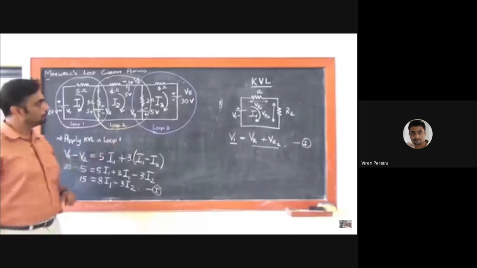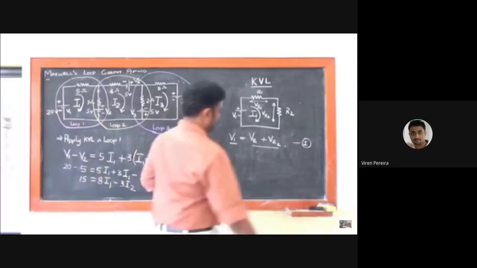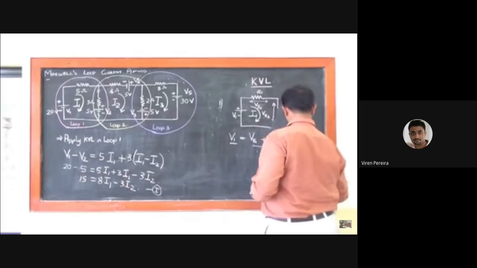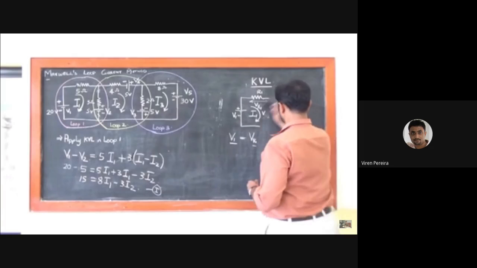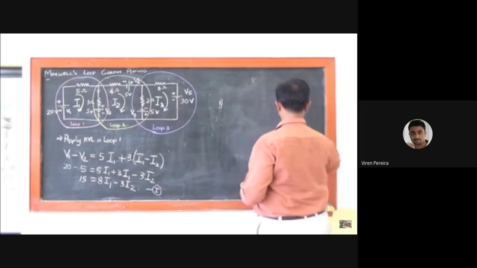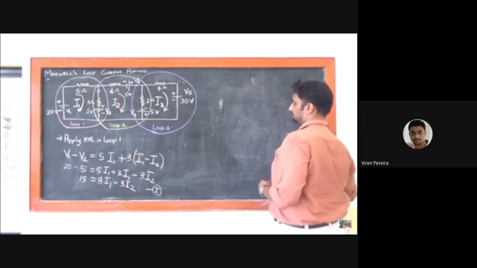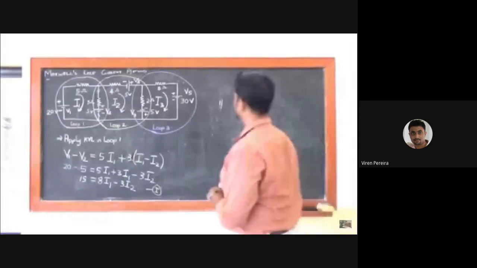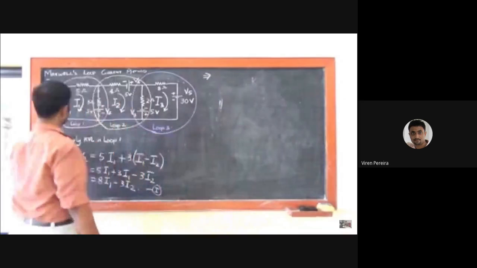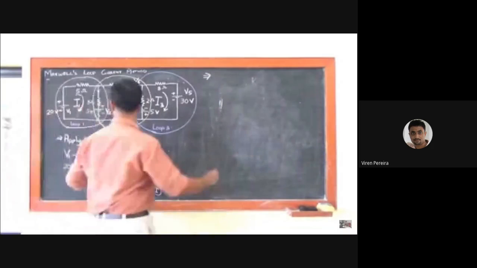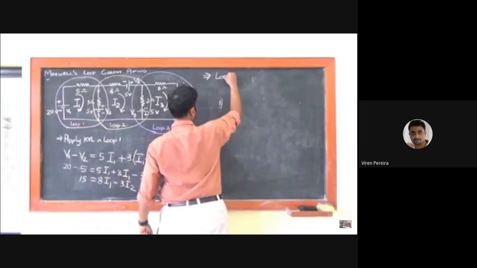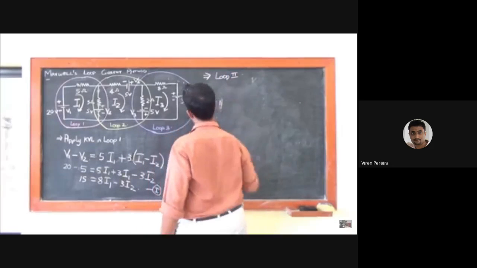Now, in the same way, we have to go for loop 2. So now applying the similar logic, applying KVL in loop 2.